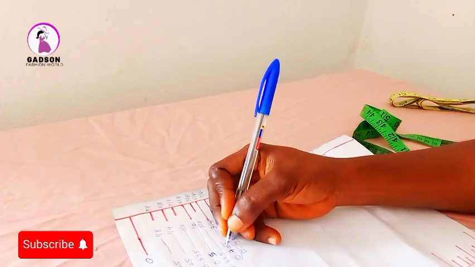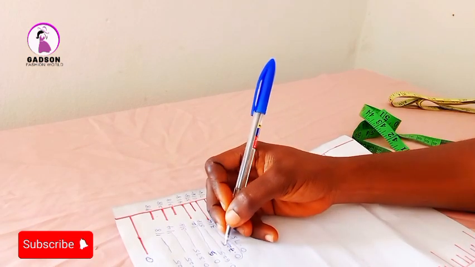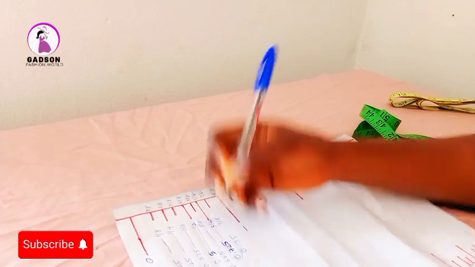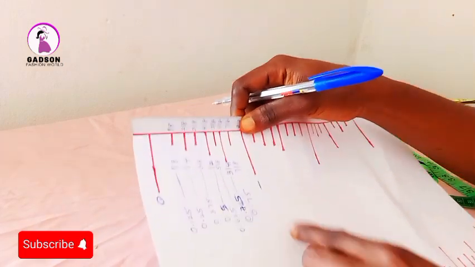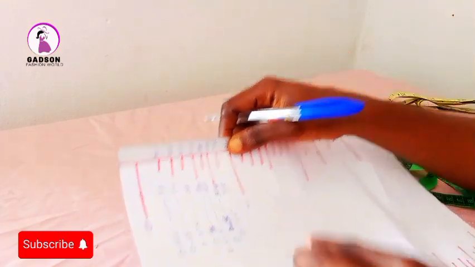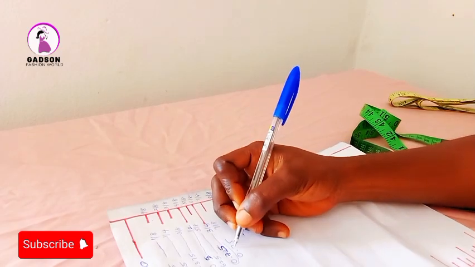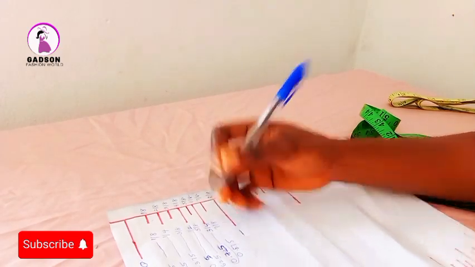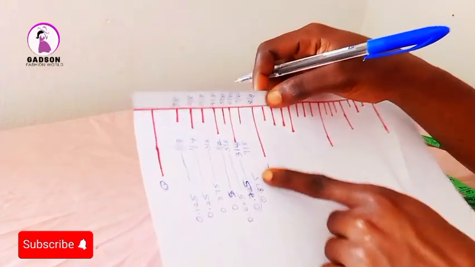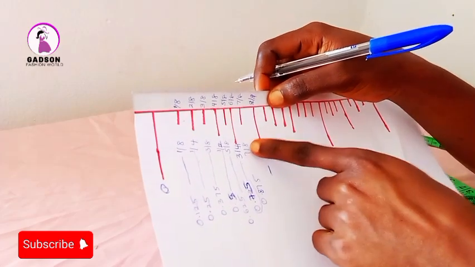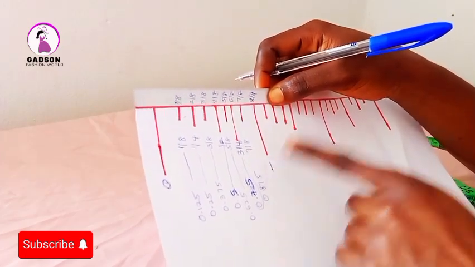The one I wanted to write at that 7 divided by 8 will go for 3 divided by 4, to give us 0.75. The last one will give us 0.875.